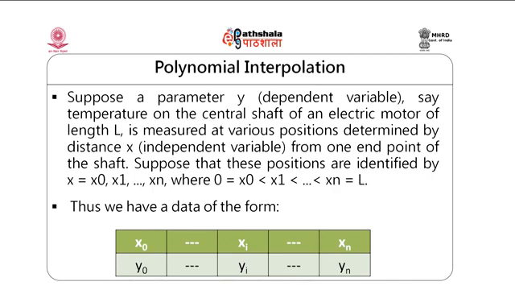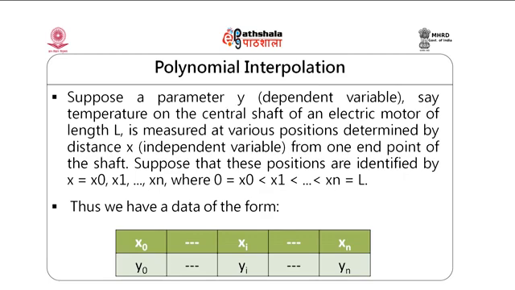Suppose these positions are identified by x equal to x0, x1, up to xn, where 0 equal to x0 is less than x1 less than up to xn equal to L.